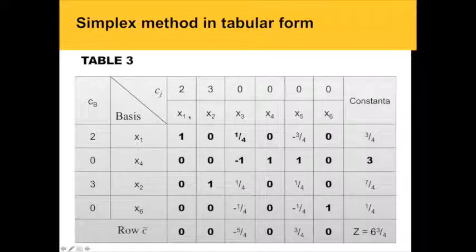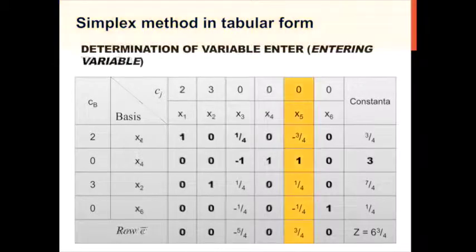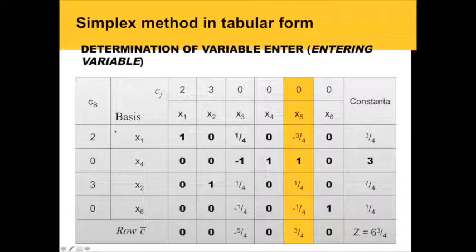Now because this is from the x1 column, the x1 will enter the basis, right? And the value will enter the basis too, like 2, and then the z value will increase. And now we don't stop there because there's still a positive value, so we do the same thing again by dividing the constants within the column.